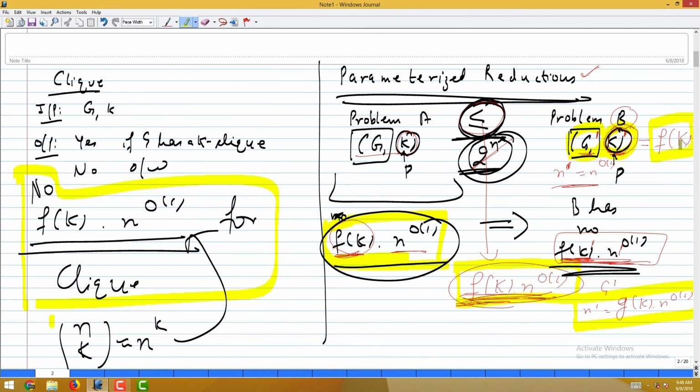Then if B is FPT, if B has an algorithm of the form f of k prime into polynomial in the size of G prime, then A will indeed have an algorithm of the form f of k into polynomial in n. So to begin with, if A didn't have such an algorithm, then B also shouldn't have such an algorithm.